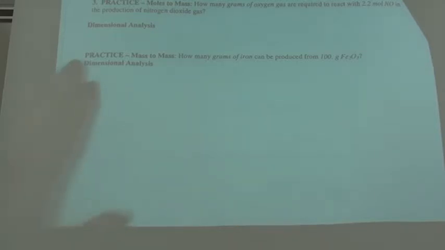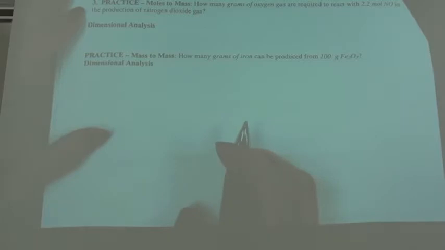So the first thing this requires is an equation. The second thing it requires is a balanced equation. So I'm going to see what they tell me. And they tell me how many grams of oxygen gas are needed to react with nitrogen monoxide in order to produce nitrogen dioxide gas.